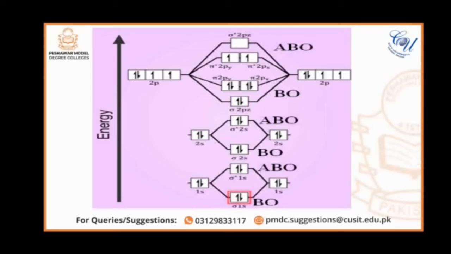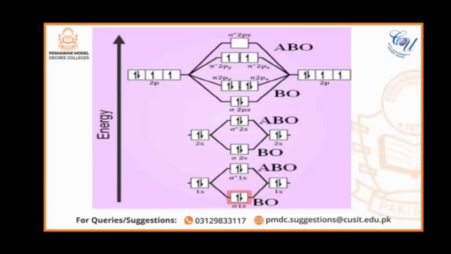Sigma 1s is the lower energy bonding molecular orbital and sigma star 1s is the higher energy anti-bonding molecular orbital. The total of 4 electrons from the two 1s orbitals fill up sigma 1s and sigma star 1s molecular orbitals.